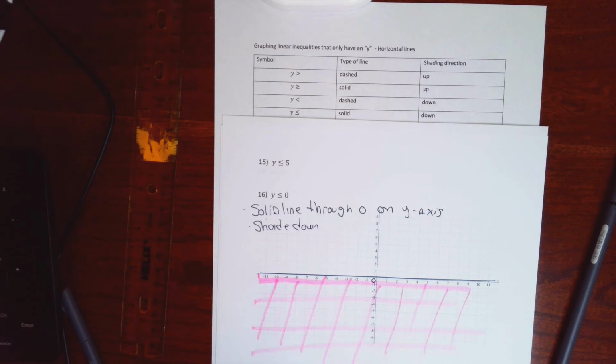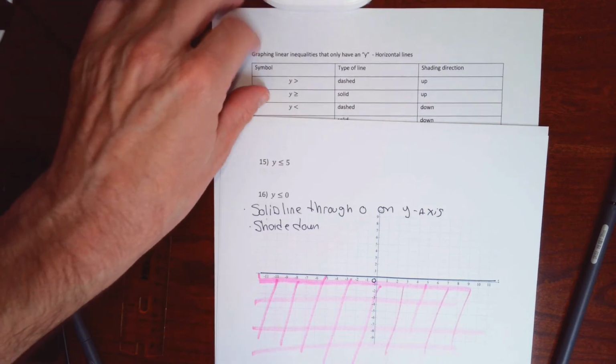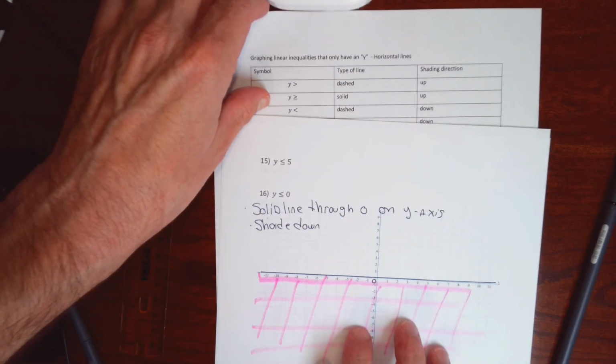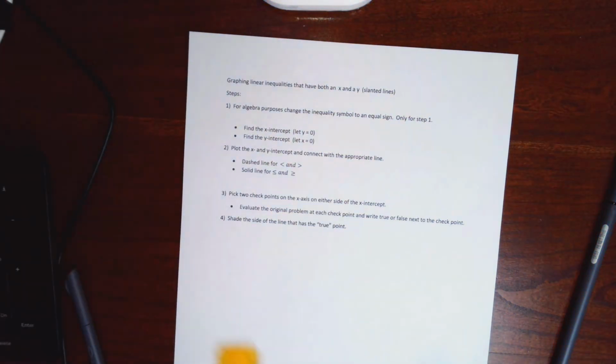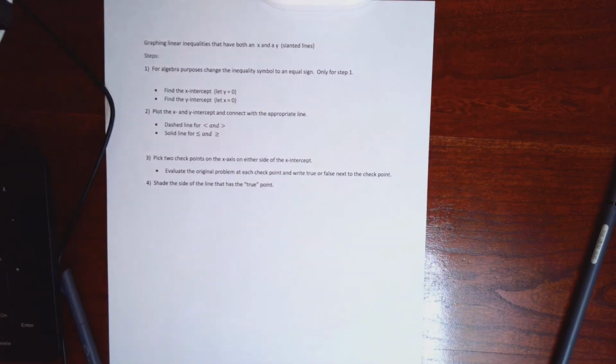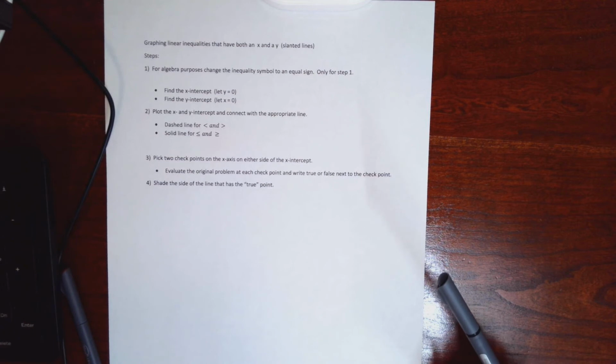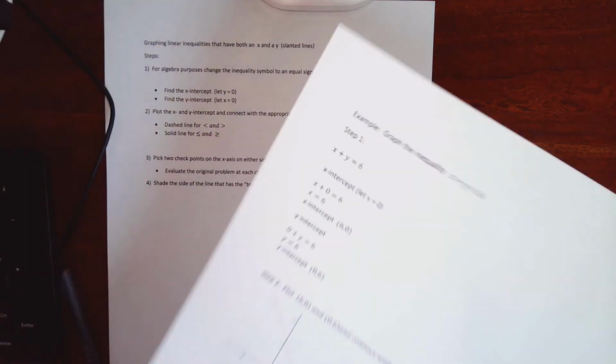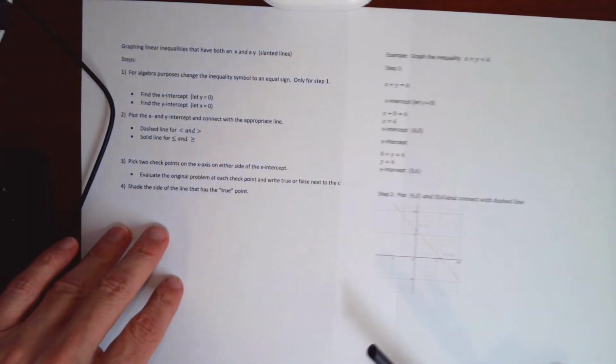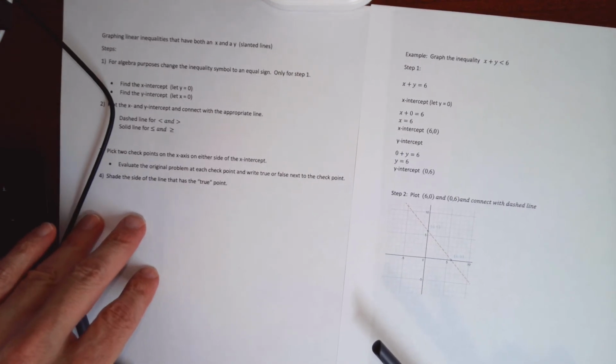I will believe that you understand the shading if you do something even as crude as this. So those are the easy kinds of shadings. If I have an equation that only has an x or only has a y, I get vertical lines or horizontal lines, and the shading is intuitive. Once I start getting inequalities that have both x and y, then it's not as intuitive.